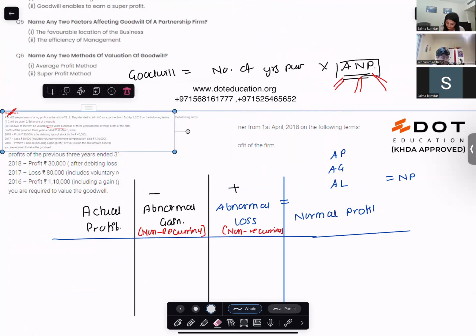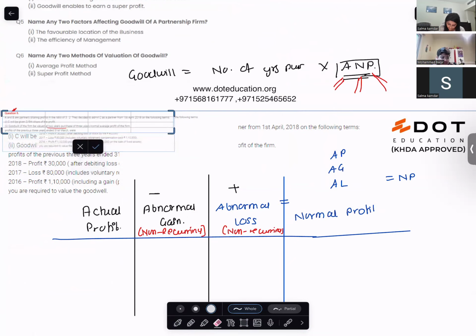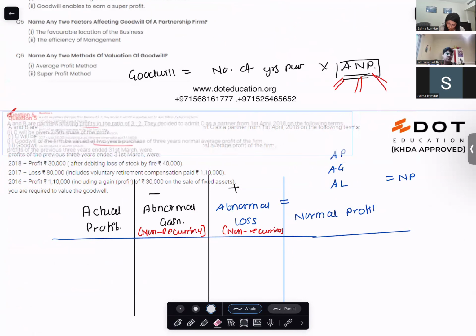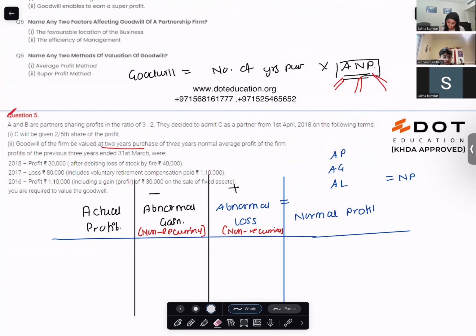Can you read it now? It's just not showing properly. So goodwill is valued at 2 years purchase of 3 years normal average profit.